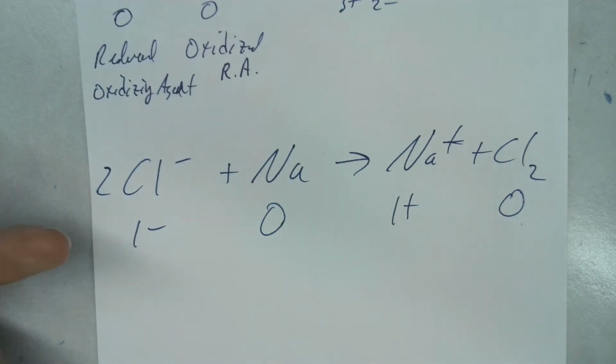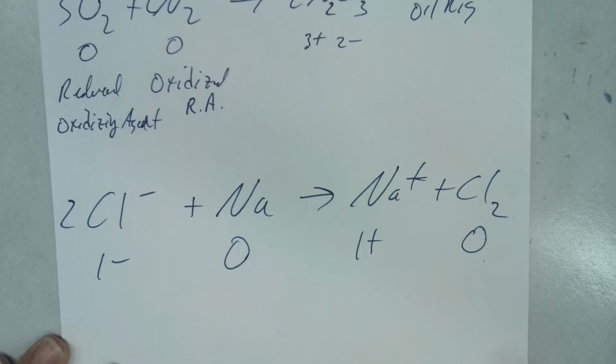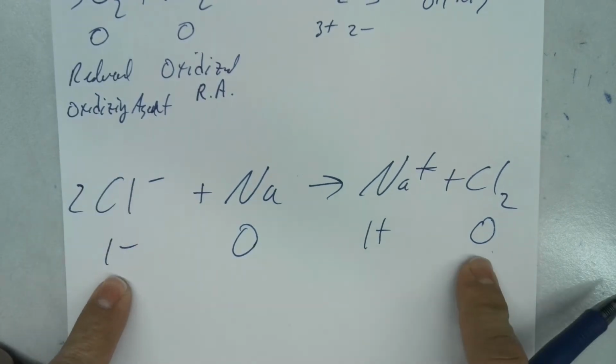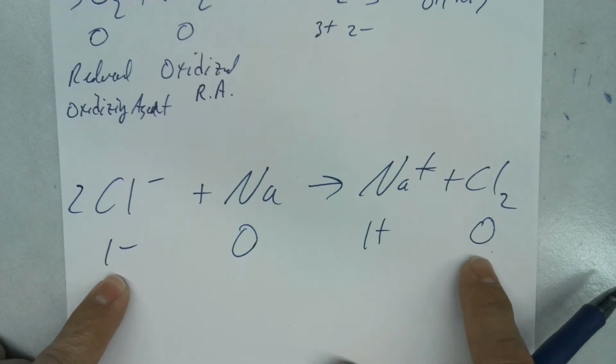So when I look at this, my CO went from a 1 negative to a 0. What did it do? It lost. Remember, I'm losing negatives, right?